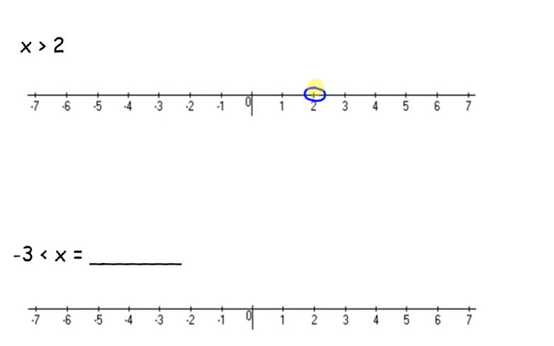Okay, easy enough. Now, look at this sign. If the greater than sign was an arrow, which way would it be pointing? It would be pointing this way. So what you're going to do is take your pencil and draw an arrow going that way. And that is it. That's all it is to graphing.